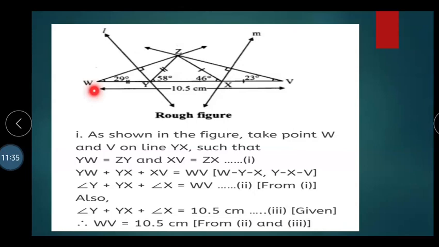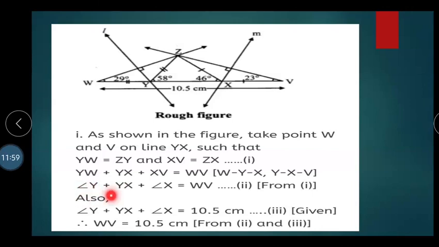Now, how this full line is formed? That is WV. WV is formed by adding WY plus YX plus XV. Reason, W-Y-X, Y-X-V.